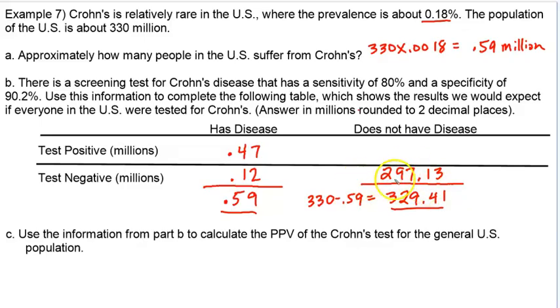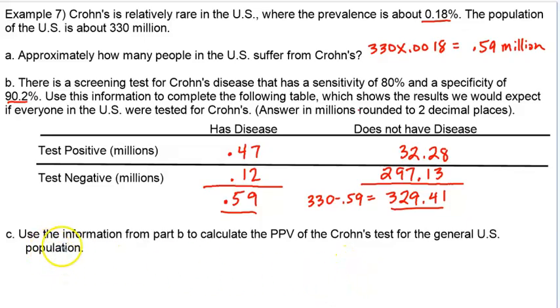The test would say that many would test negative because that's the specificity percentage, which means the difference between these two numbers, the 329 and the 297, would be those who do not have the disease but tested positive for it, 32.28. And there's our complete table.